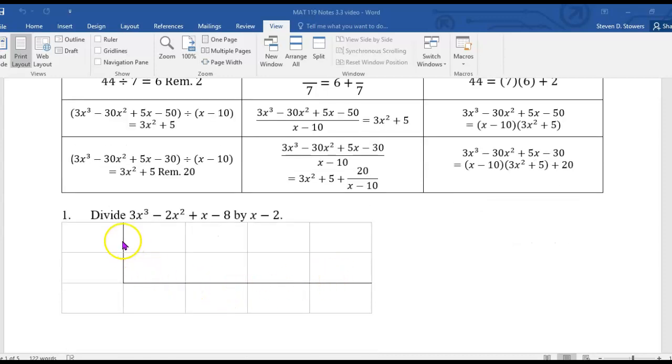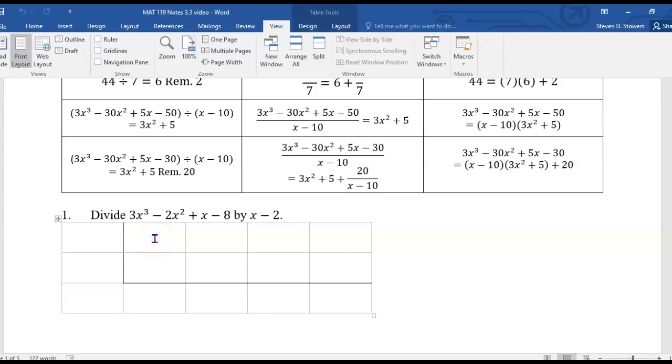So here's our example. We're going to be dividing 3x cubed minus 2x squared plus x minus 8 by x minus 2. So I'm going to start by writing just the coefficients of all the terms of the dividend.